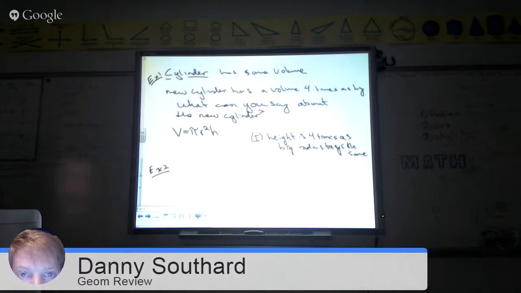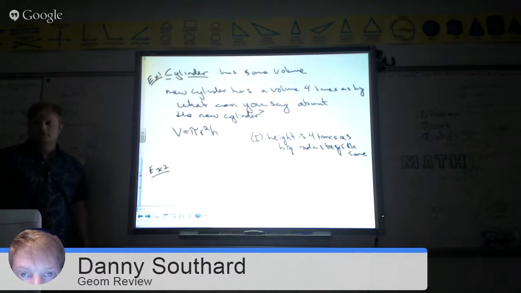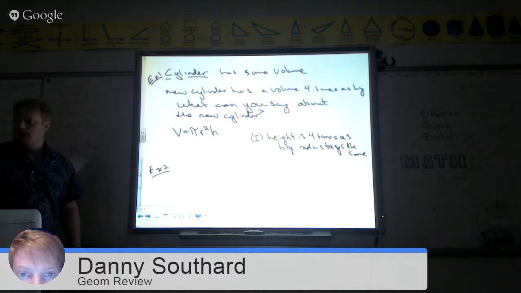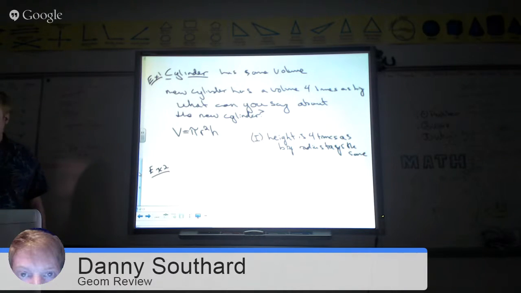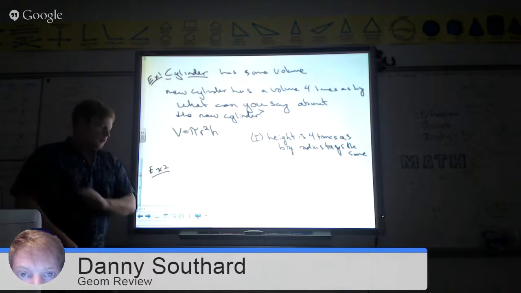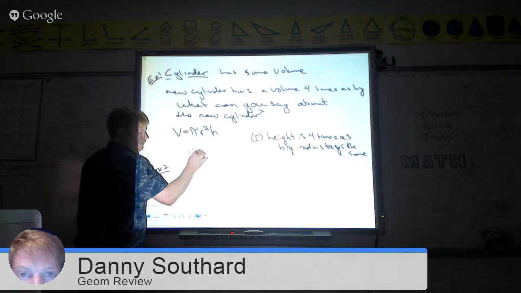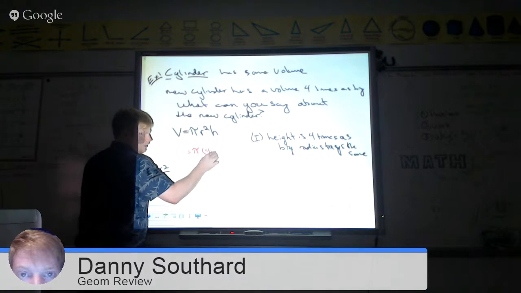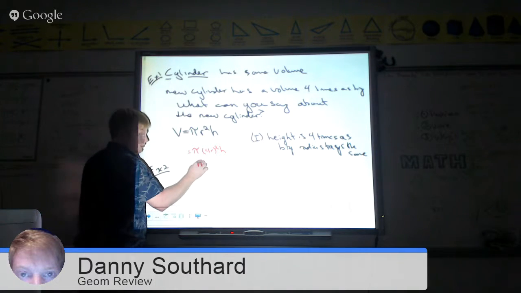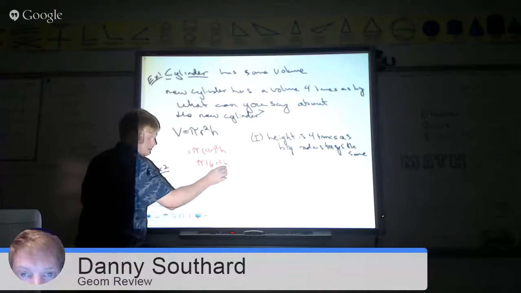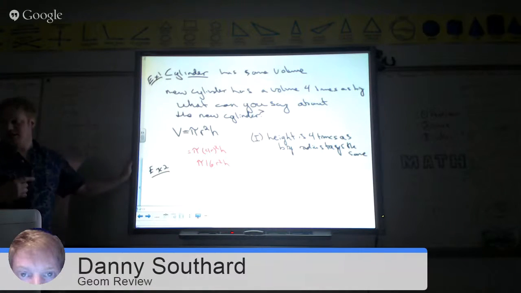What could be another possibility? Is there a number I could multiply the radius by to have the volume be 4 times as big? If I multiplied the radius by 4, I would have pi times 4r squared times h, and 4 squared is 16. So now my volume is 16 times as big.